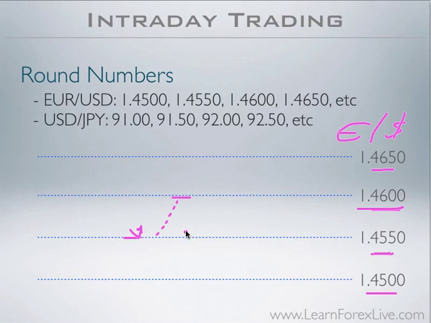On the other hand, if we get a breakout price reaction of that 145.50, chances are price will gravitate away towards the next round number immediately below, in this case 145.00.